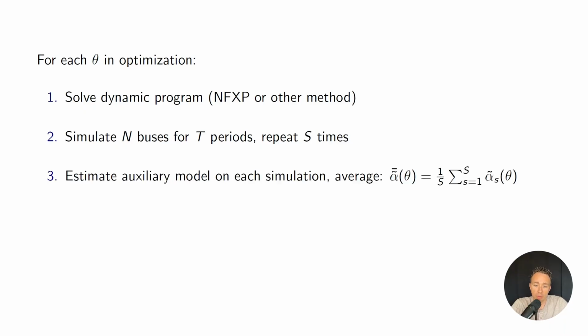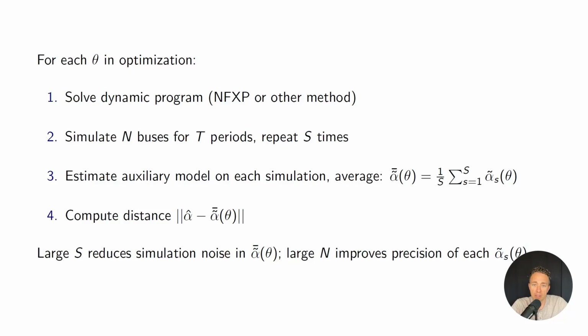Then we're going to estimate the auxiliary model for each simulation and then take the average across them. So instead of having alpha tilde of theta, we're going to average across the alpha tilde sub s of theta, and then compute the distance and make sure that we minimize that distance.